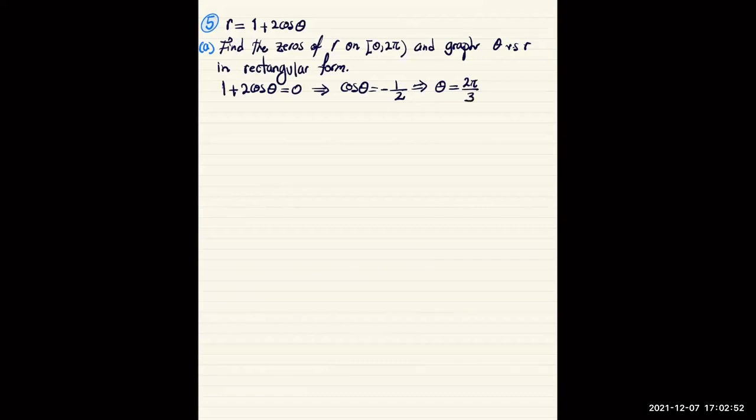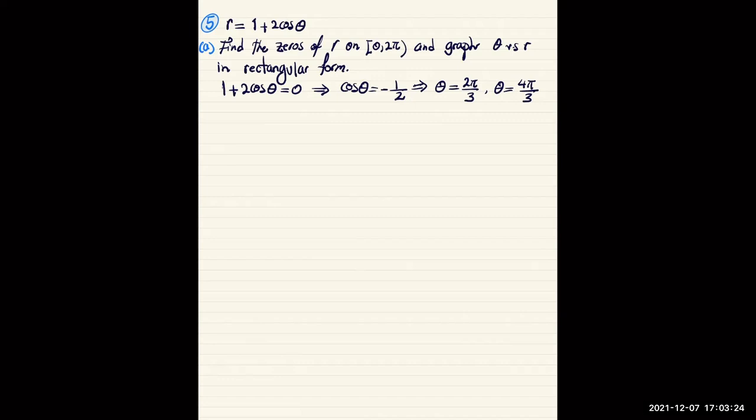The reference angle is pi over 3 or 60 degrees because cosine of 60 degrees is 1/2, but the terminal side has to be in quadrant 2 because cosine is negative. So you get 2 pi over 3. Also in quadrant 3, where theta is 4 pi over 3. For those theta values, R is going to be 0.